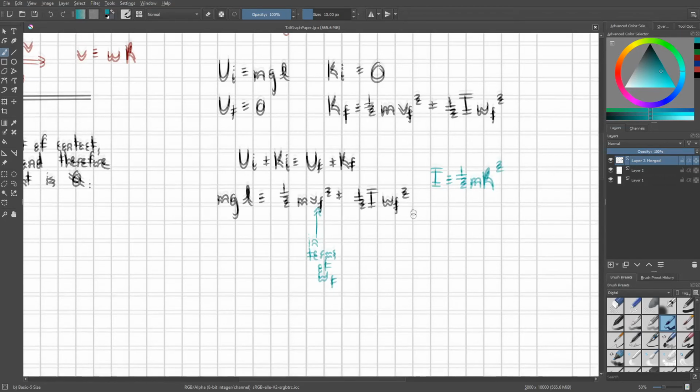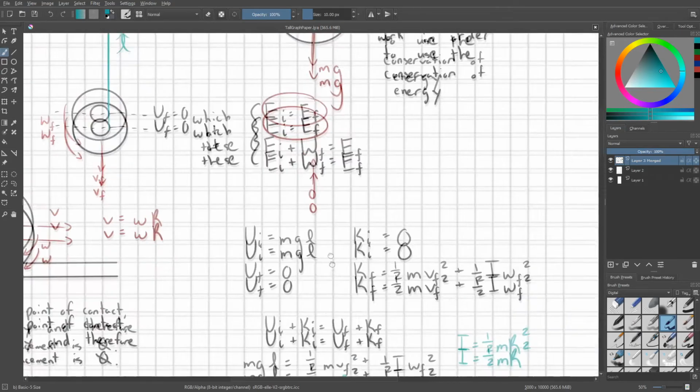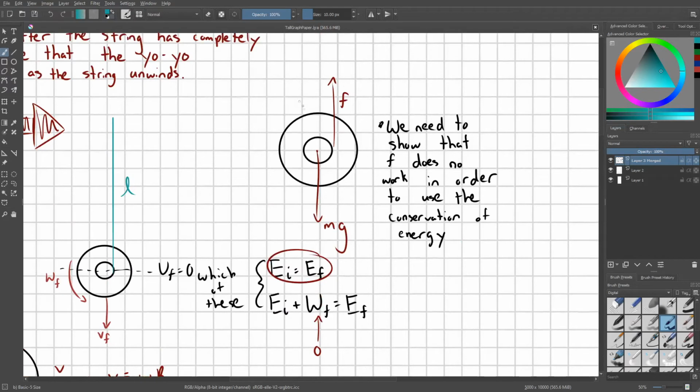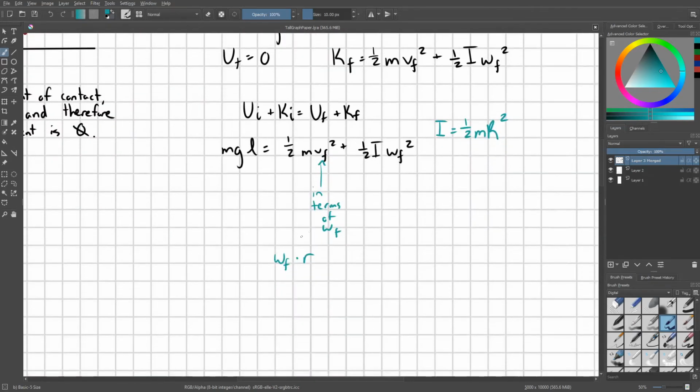So in order to do that, all we have to do is note the condition for rolling without slipping once again, which would be that omega final times our little radius r, because that's where the rotation is actually occurring, right? That's where our frictional force is occurring, at this little radius r. So omega final times little r equals v final.